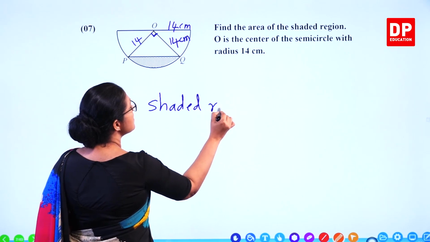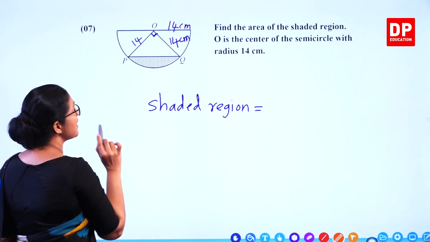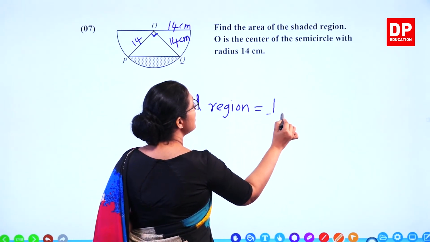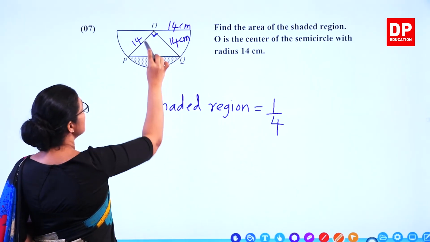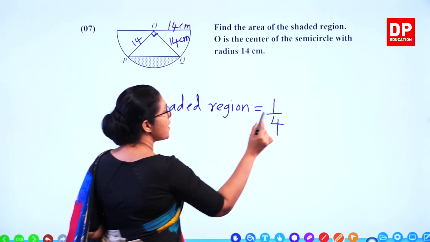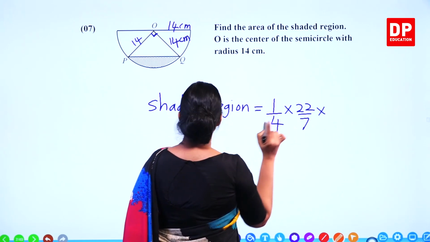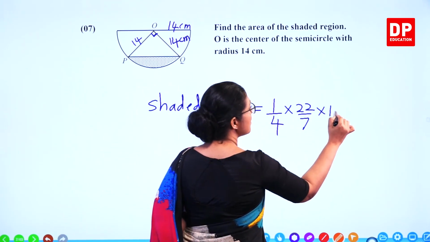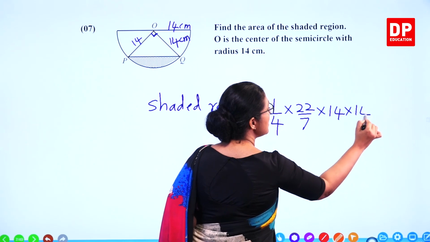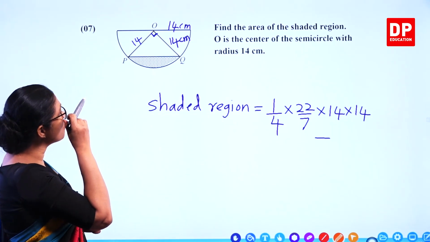So what is the shaded region? Shaded region is equal to the area of the sector, a quarter of a circle. This is 90 degrees. 1/4 pi r squared. 22/7, r is 14, 14 times 14, minus area of the triangle. This is a right angle triangle.